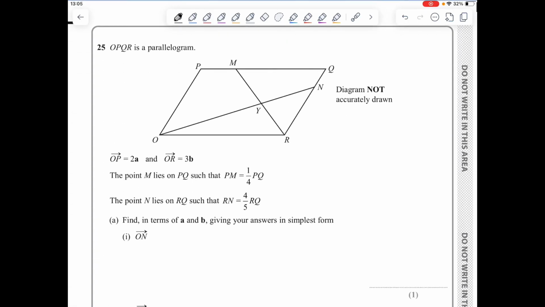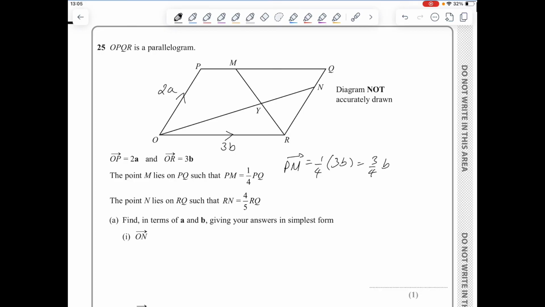For question 25, I'm given that OP is equal to 2a and OR is equal to 3b. I'm also given that M lies on PQ such that PM is a quarter of PQ. Therefore, vector PM is equal to a quarter of PQ, which is equal to 3b, because this is a parallelogram, and this is 3/4 of b.